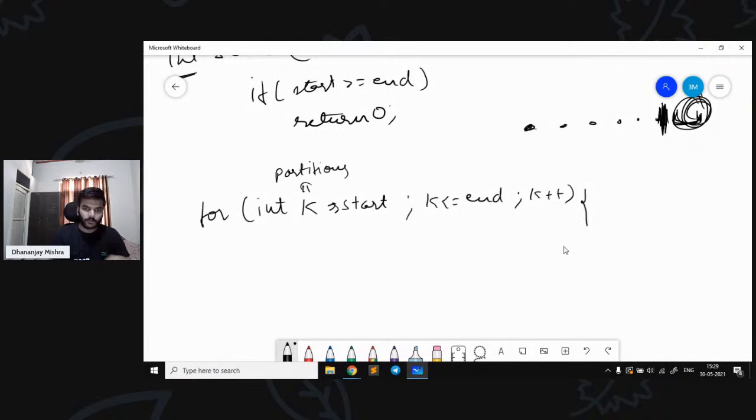Before reaching that point, let us discuss what we will implement in this for loop. I discussed that we will do a partition, keep the left part and right part, and call our recursion function again for the left and right parts. After calling solve for the left and the right part, we will get a cost.